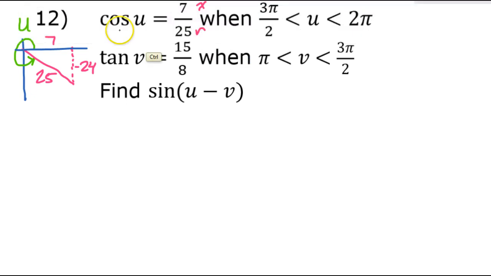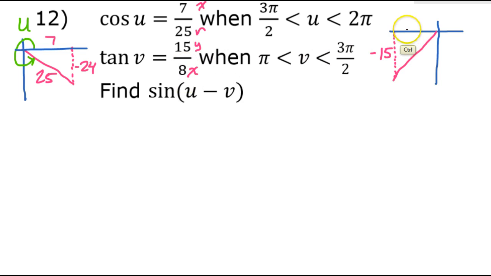Meanwhile, angle V is between pi and 3 pi over 2. So that is the third quadrant. Okay, tangent. Tangent is y over x. So that means that this is 15. Well, negative 15 because of the quadrant.